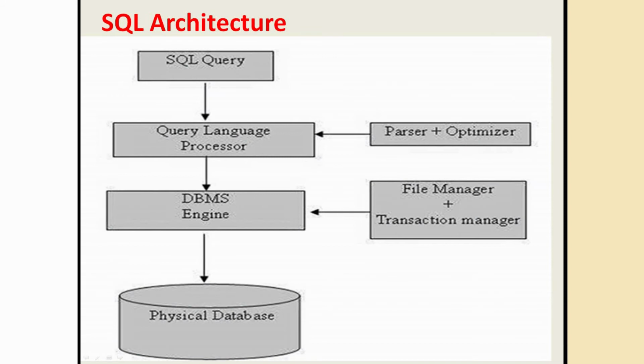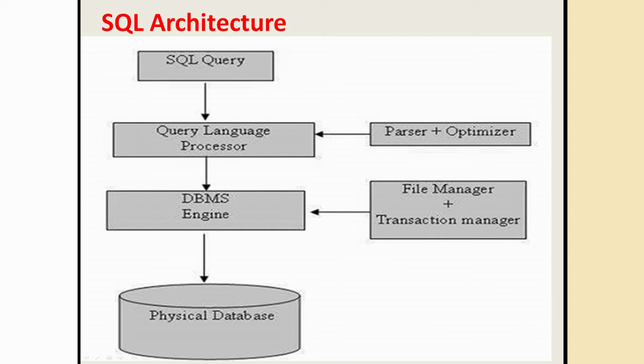This is the architecture as I explained in the previous concept. In the first box, we are passing some SQL query, such as create table, insert into, update, drop table, delete from a table, or truncate some records from a table. All those queries are passed into the query language processor.